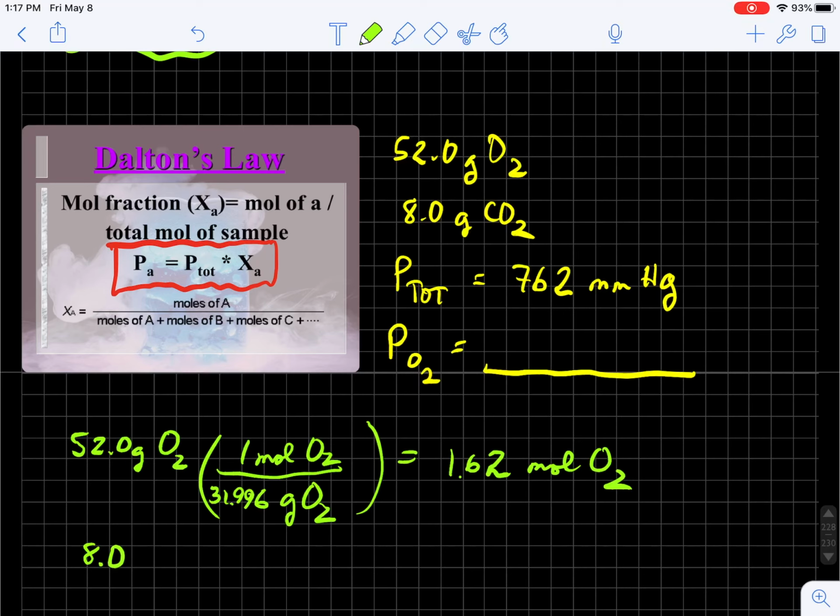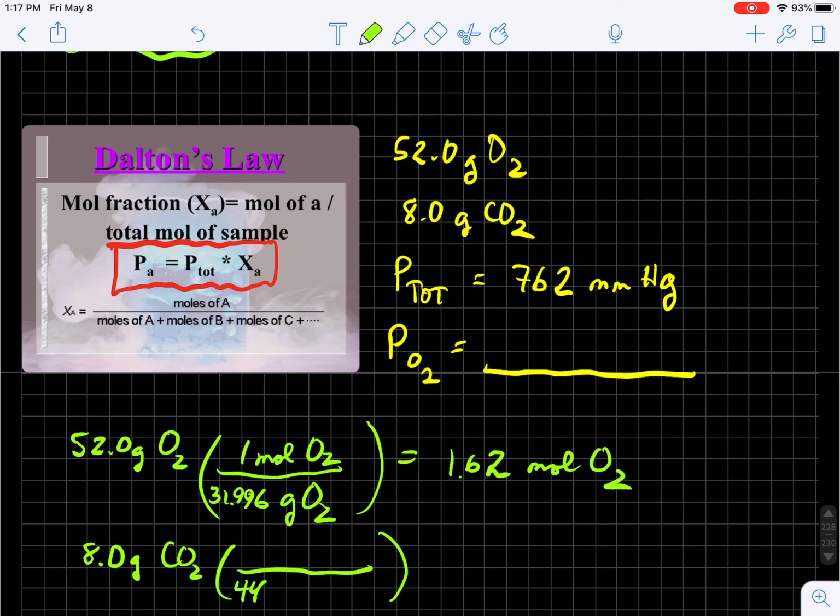And then we have to do the same thing with carbon dioxide. 8 grams of carbon dioxide. And we look up carbon dioxide on the periodic table, and we get 44.009, I think. 44.007. Wow, has it been really that long? Maybe I did a problem with the calculation here.